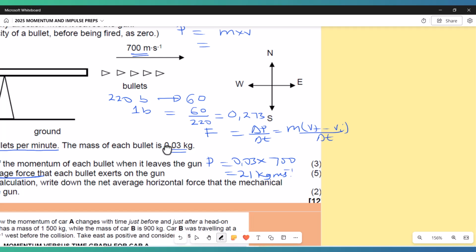Here the mass of the bullet is 0,03, the final velocity is 700, minus 0 because it was from rest, divided by change in time.